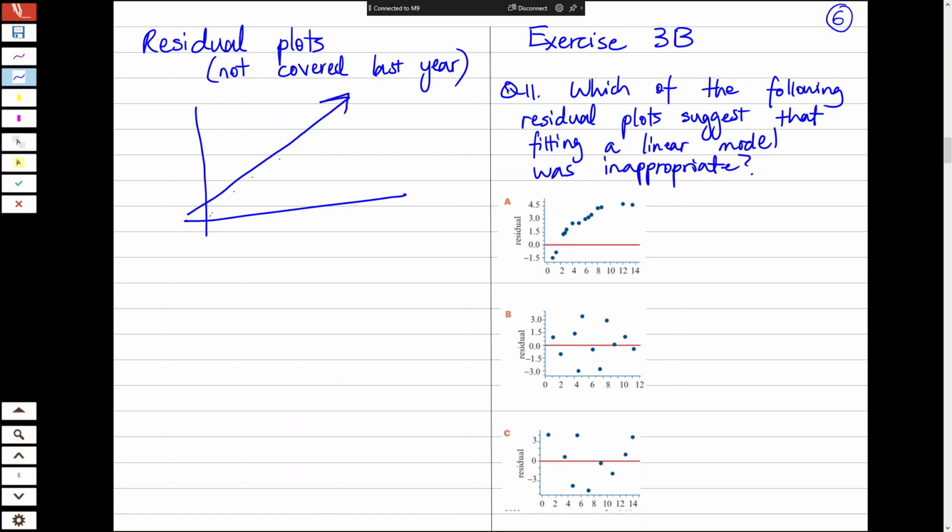Okay, let's say I gave you some data. This is y, this is x. I'll have some points above and some points below. Now, can you see that these points are above the line and these points are below the line? So these points here, are they going to have a positive or a negative residual?